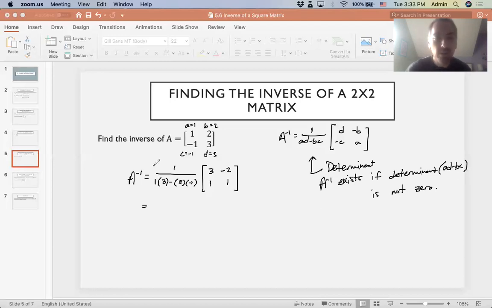Okay. And in this case, it is true that the determinant is not 0, because what we have here is 1 times 3 minus 2 times negative 1. 1 times 3 is 3. 2 times negative 1 is a negative 2. So 3 minus a negative 2 becomes a 5. So we have this 1/5 out in front.